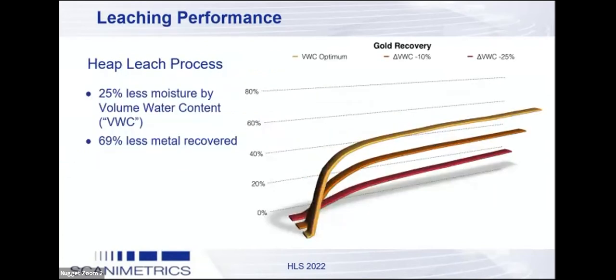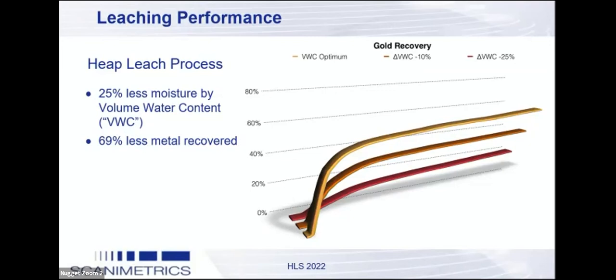So when we did all this work, we asked ourselves the question: how are we going to help operators better produce gold in their mine? And what we learned was that small changes in these sensor measurements, so small changes in the volumetric water content, can create enormous changes in the productivity of the process.